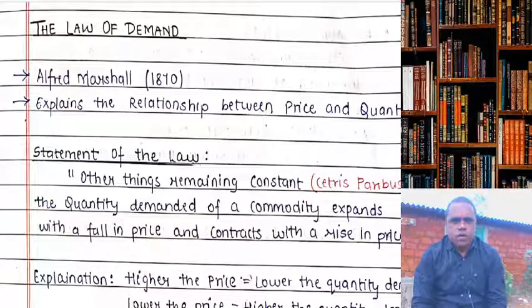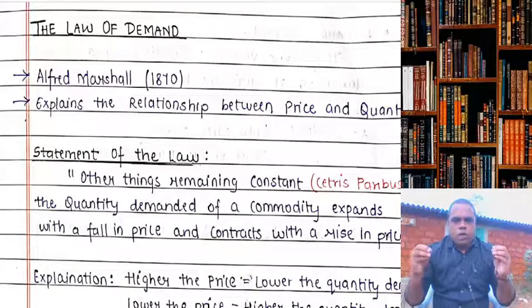Through this book, he tried to explain the behavior of a rational consumer, and the law explains the relationship between the price and the quantity demanded of a particular commodity.